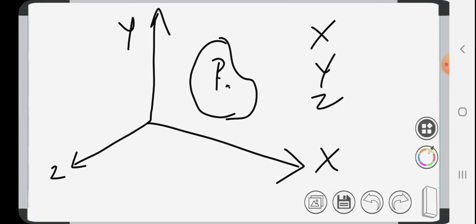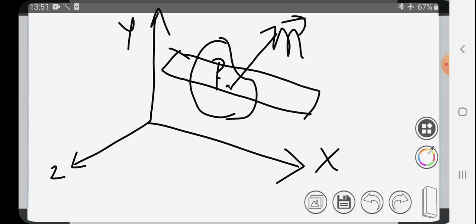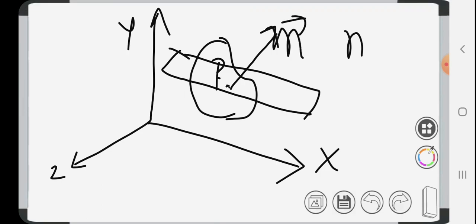Here we are selecting some arbitrary plane, suppose a plane in this direction. So this is neither x nor y nor z. But this plane has a normal vector n with direction cosines nx, ny, nz.